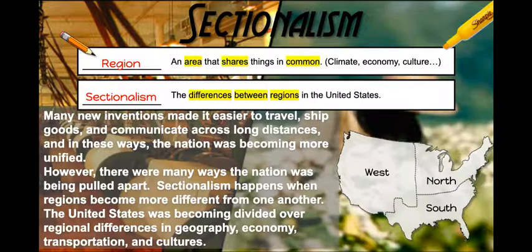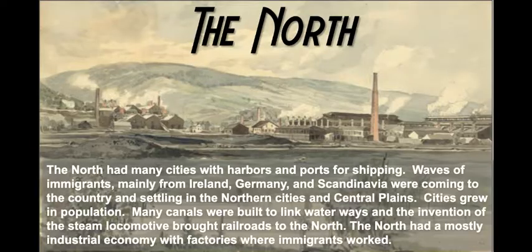That is the differences between these regions in the United States. When we look at sectionalism, the root word of that is section. And when we divide things into sections, we see some of the differences between them.